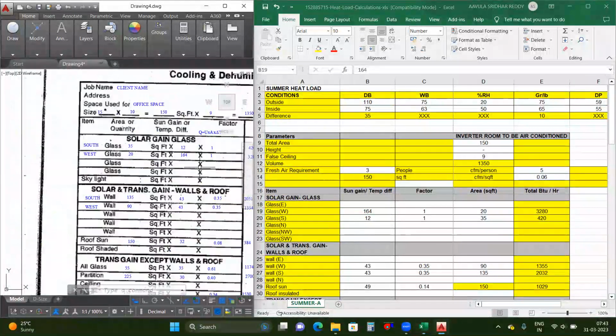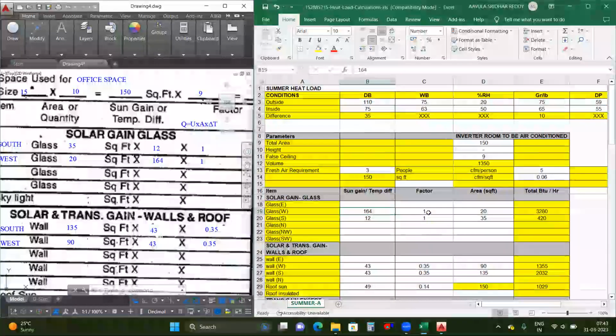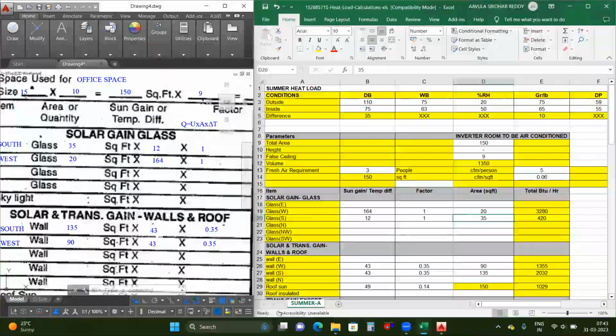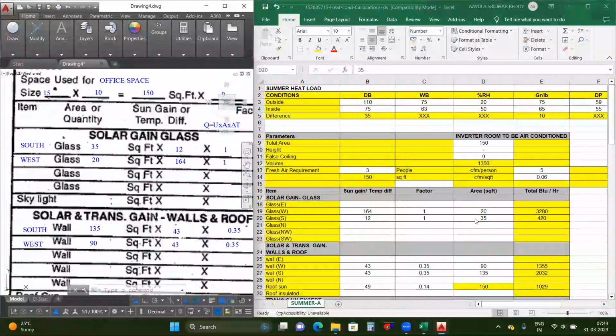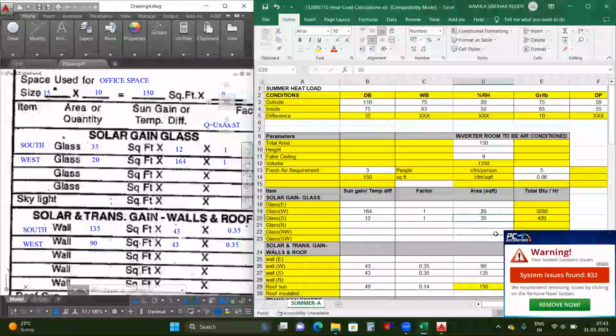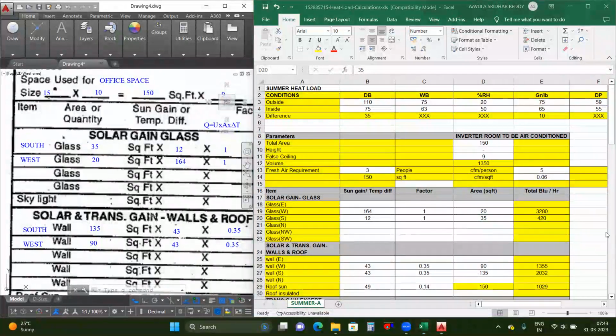The factor, nothing but the U value, is 1 and 1. Area west side is 20 and south side is 35. The BTU will be calculated automatically.